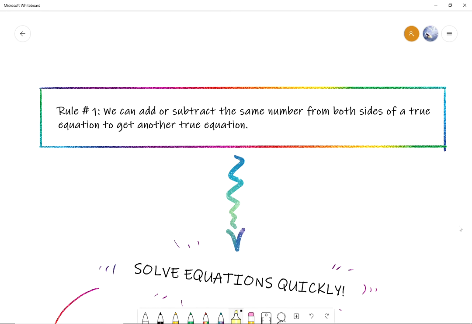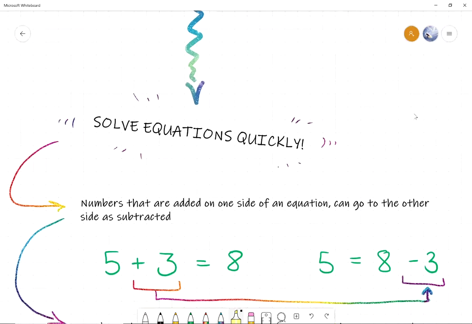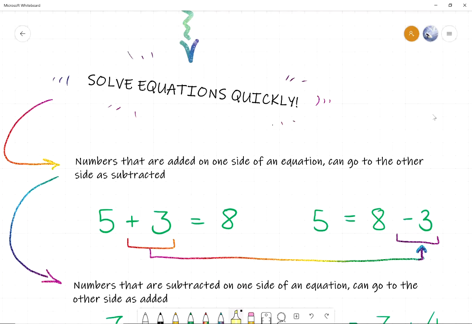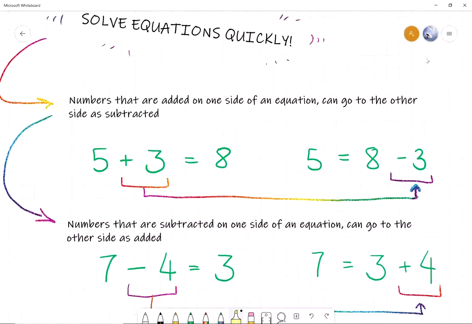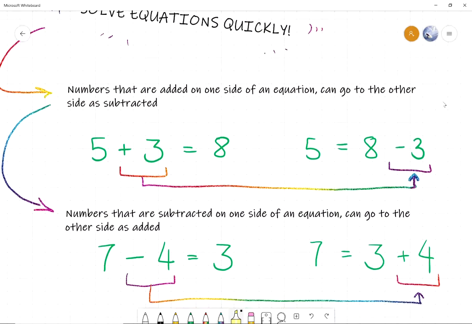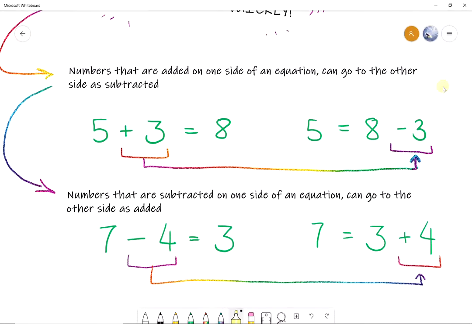And today what we're going to do is just accelerate that a little bit. And the way we use that rule is as follows. To solve equations quickly, what that rule says is that numbers that are added on one side of an equation can go to the other side of the equation as subtracted. And numbers that are subtracted on one side of the equation can go to the other side as added.